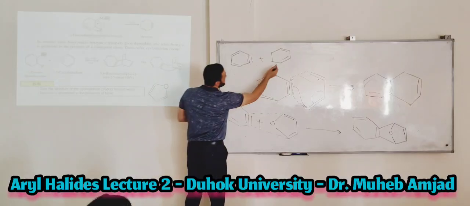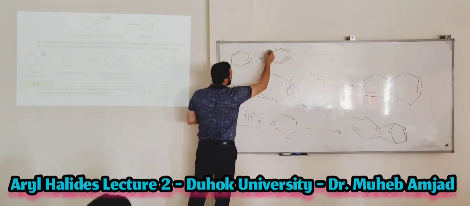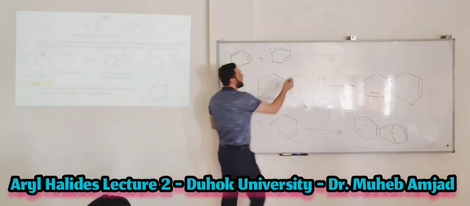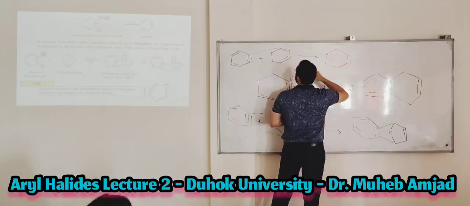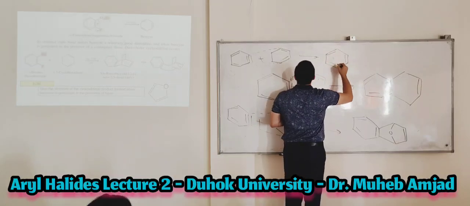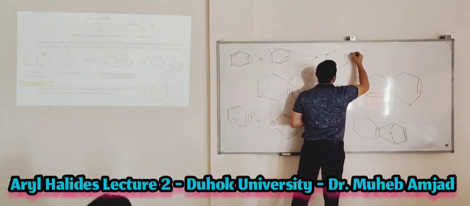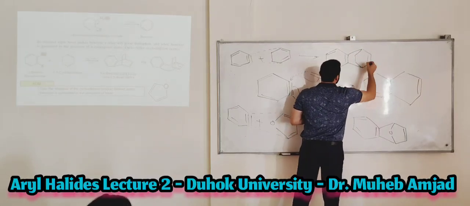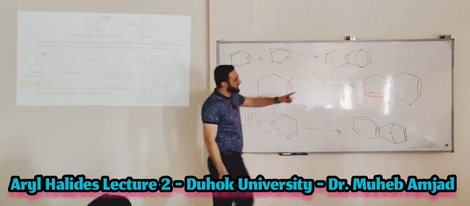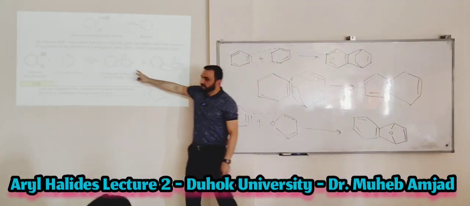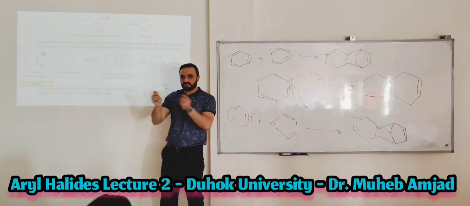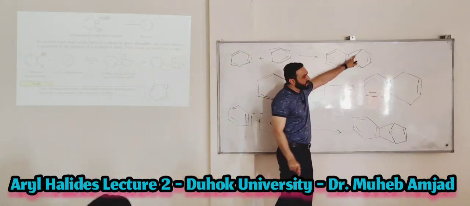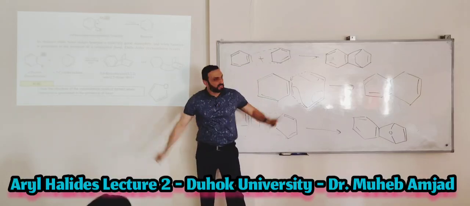We have a new bond here, and here. That means it gives you 1, 2, 3, and a new bond, and we have 1, 2, 3. This and this are the same structure, nothing different. We have a carbon-carbon bridge here, and also a carbon-carbon bridge here, the same.